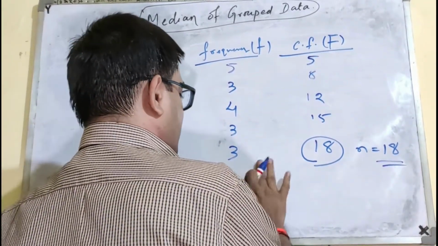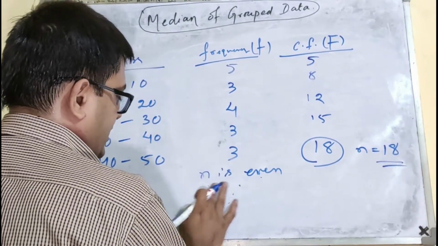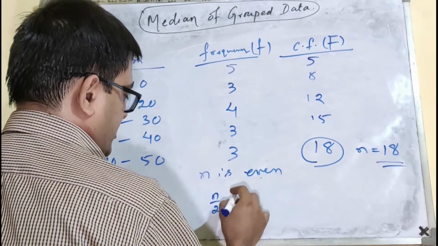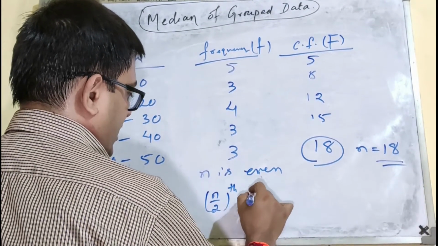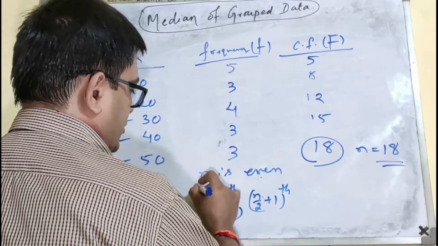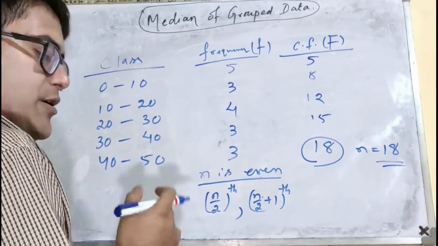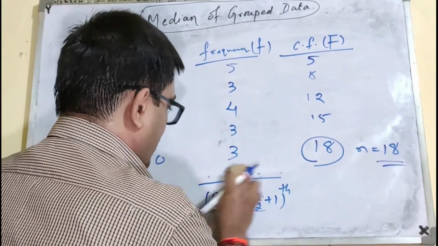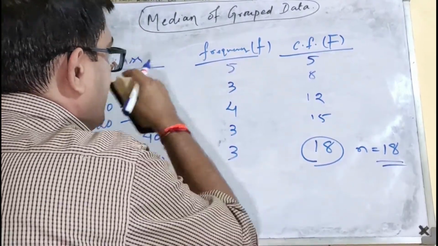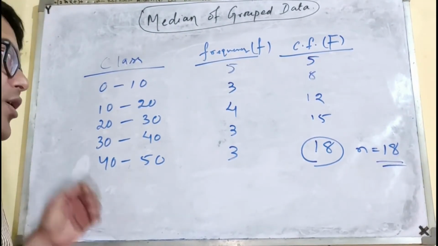If n is even, you took the average of the n by 2th term and the n by 2 plus 1th term. You took the average of these two terms and you found the median. But you are in any way going to take some sort of approximation to find the median of group data. That's why you do not have to differentiate between odd and even.